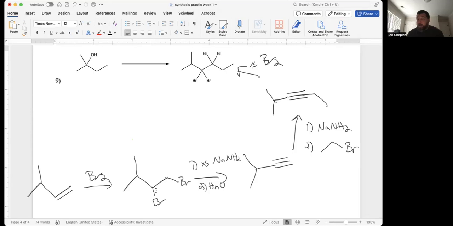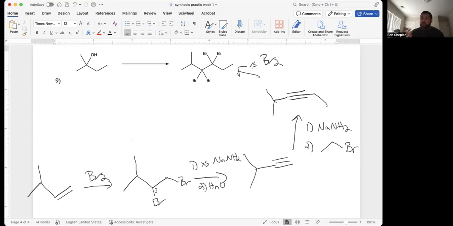So whenever we need to do that, whenever I'm just moving a functional group, we want to use alternating addition and elimination reactions. And so make a double bond, put something on. Make a double bond, put something on, and keep doing that until we get it where we want it.